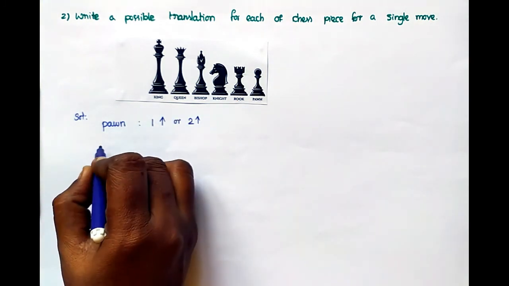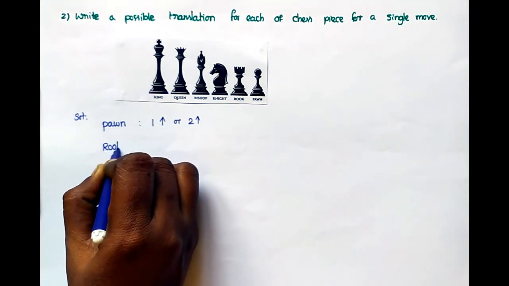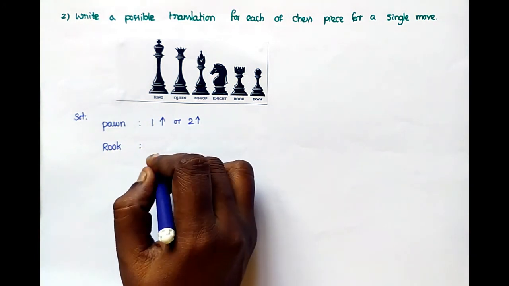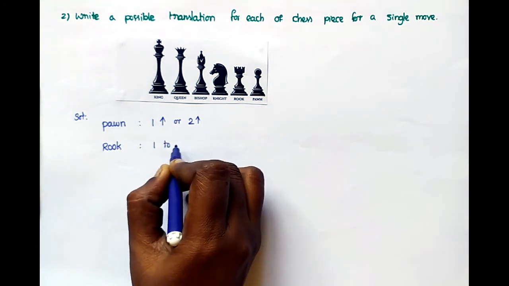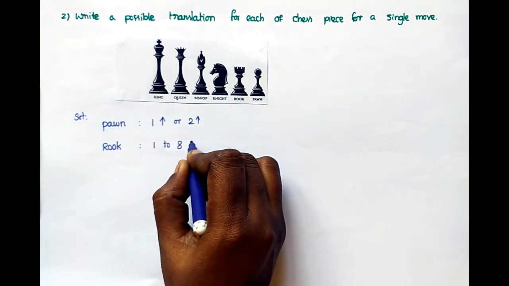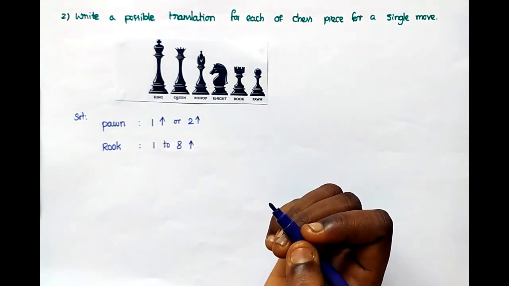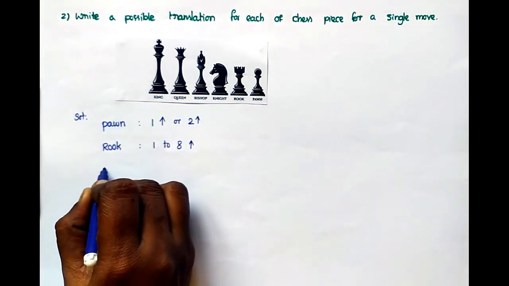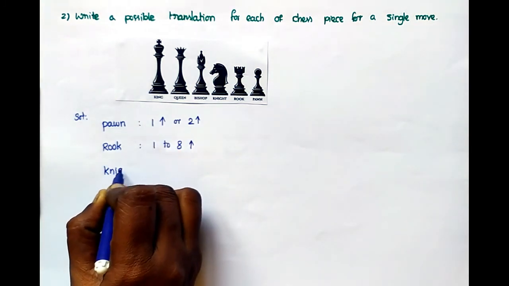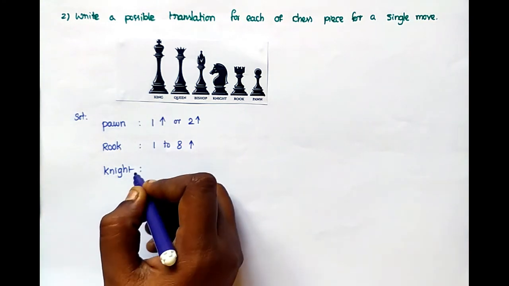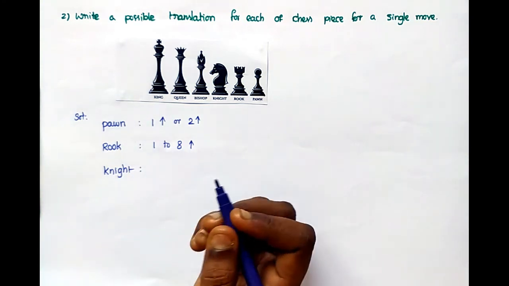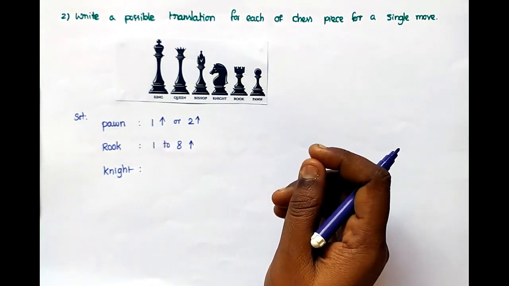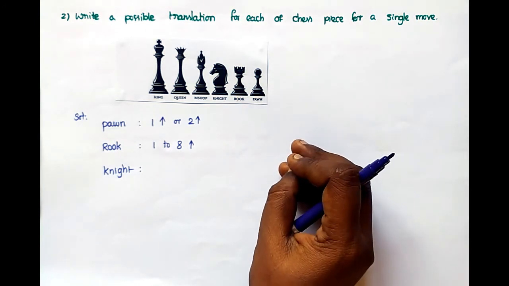Next one, rook. The rook can move 1 to 8 steps upward. That is all it can move. Next one, knight. The knight moves in an L shape only. You know this very well.